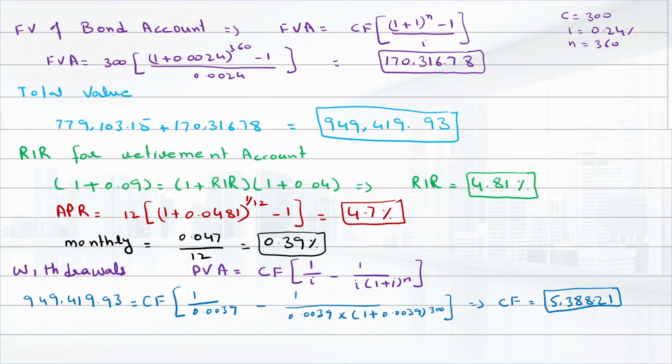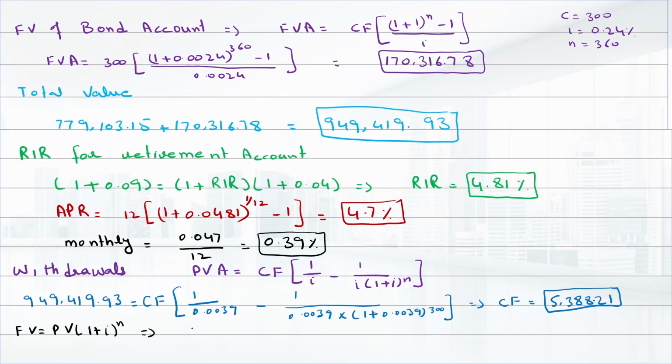The last withdrawal in nominal terms will be found using future value equal to present value times (1 plus I) raised to the power n. We will use this equation to find the amount of the last withdrawal in nominal form.